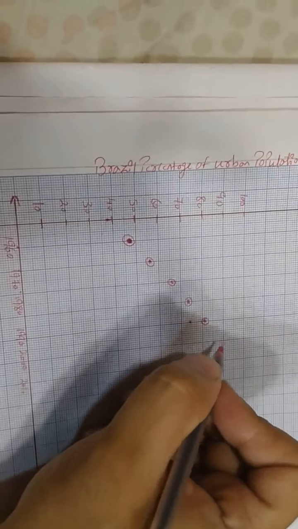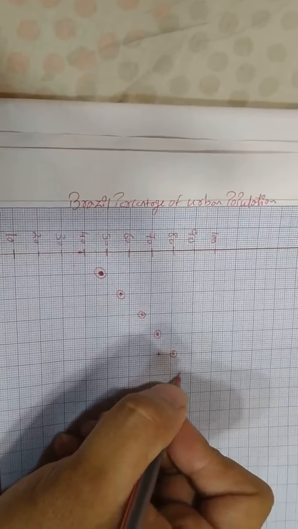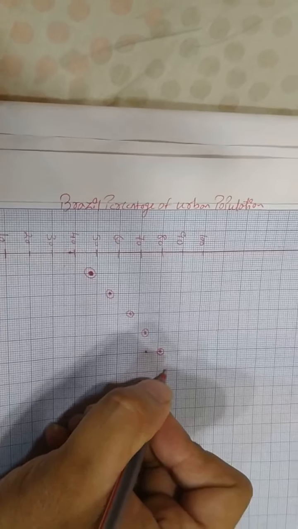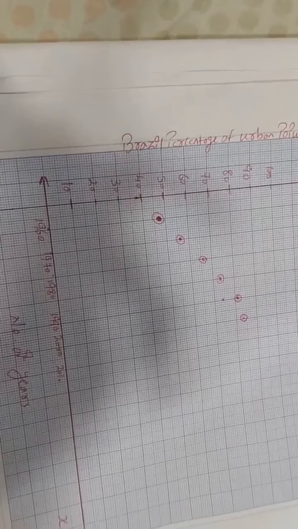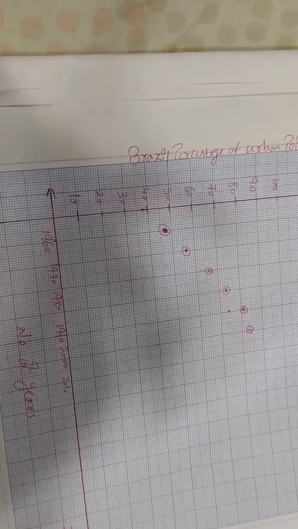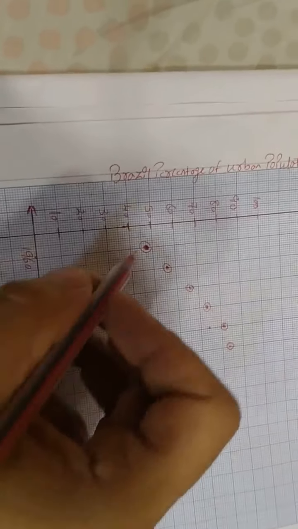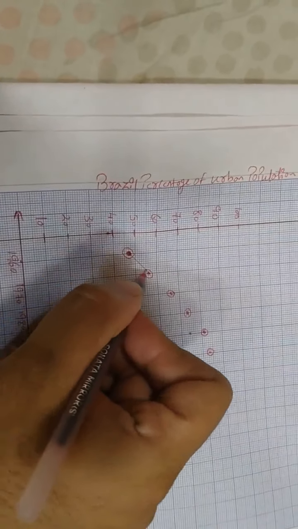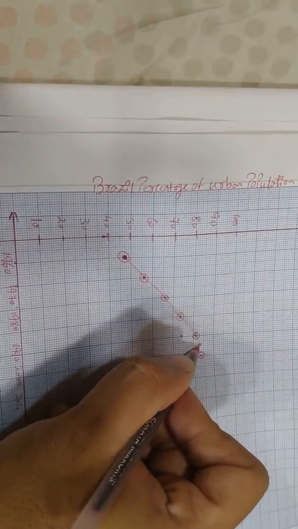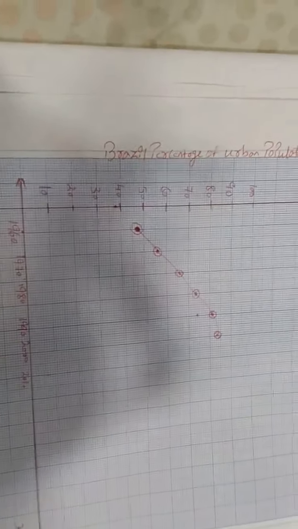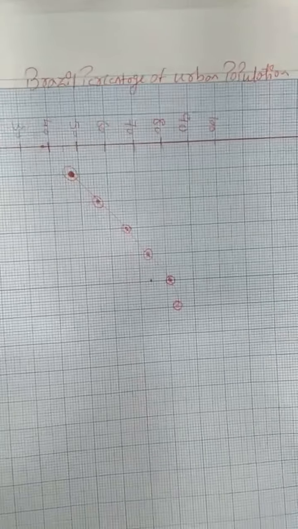It is around 84, somewhere around here. Now we are done with the plotting of all the years. Let us join these points. See, now we have finished with the graph.